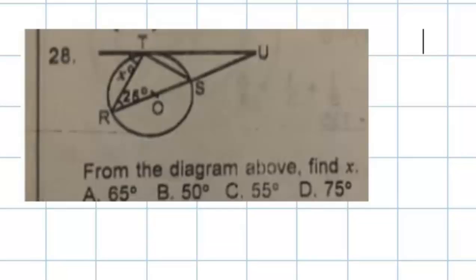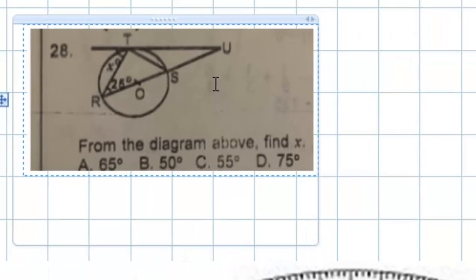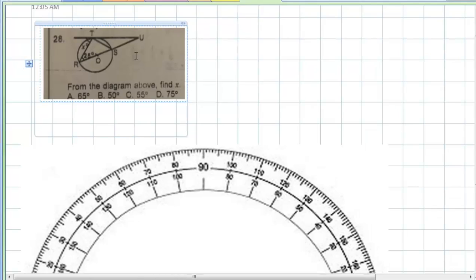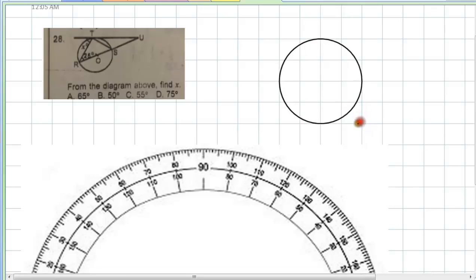Alright, so here we have question 28, and it gives us this diagram, and it tells us from the diagram above, find x. I know the picture is pretty small on here right now, but just bear with me. There's really only 2 important things that you need to notice before you can start solving this problem. I'll start by drawing just a simple circle.